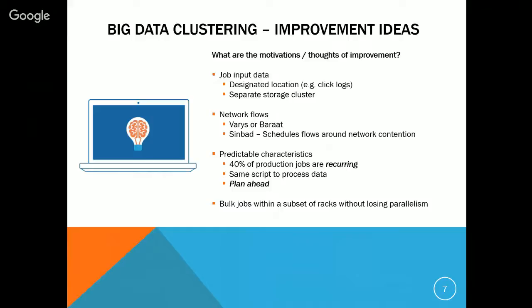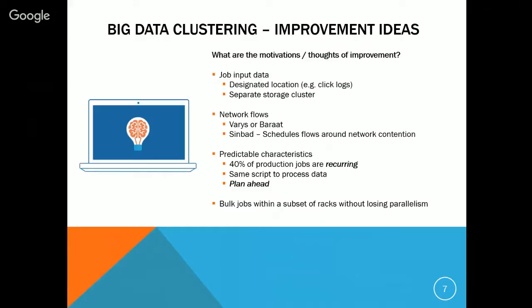Therefore, every instance of that job usually has a fixed structure and similar characteristics, which are composed of the amount of data transfer and shuffle, or CPU and memory demands. We have the same script to process data. Recurring jobs execute the same script whenever new data becomes available.